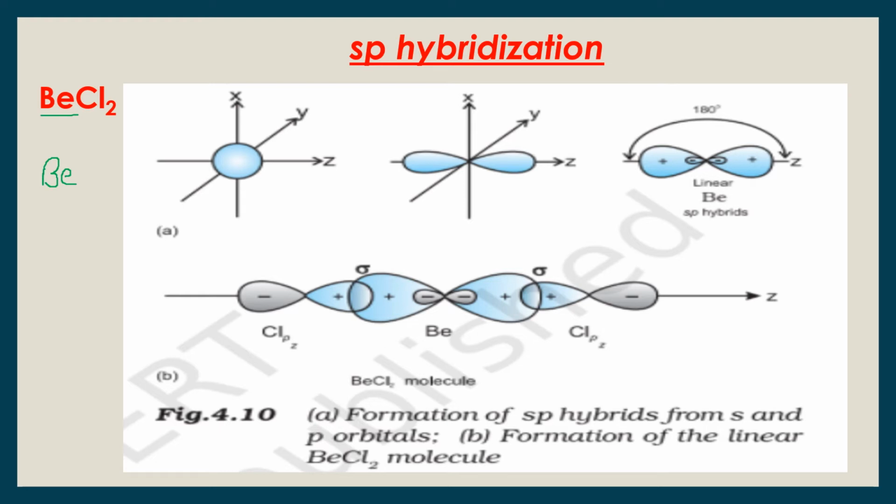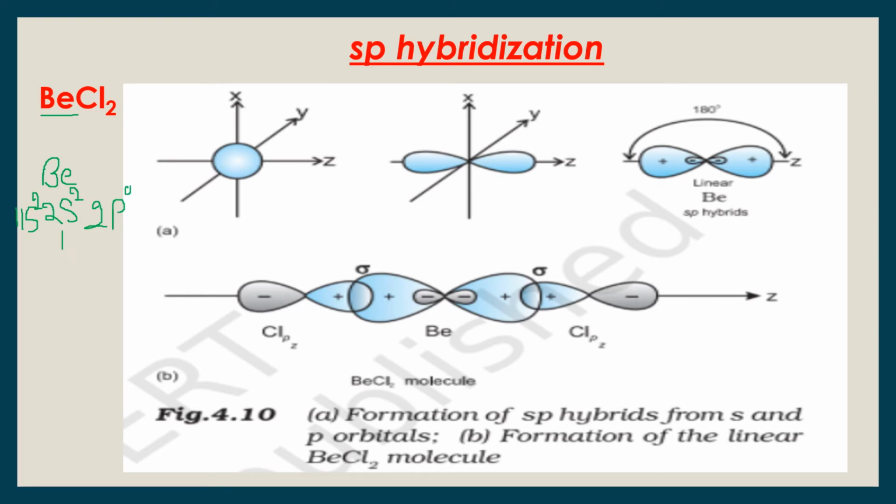Beryllium has atomic number 4. That would be 1s2, 2s2. If you want to, you can write the full configuration first. 1s2. Then you have 2s2, and there is 2p, but that is empty. I'm showing because we'll be using it. 2p0.